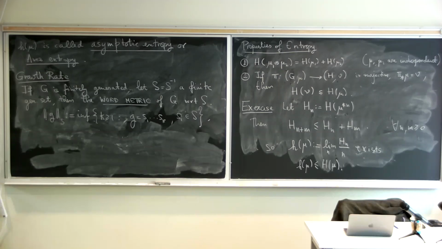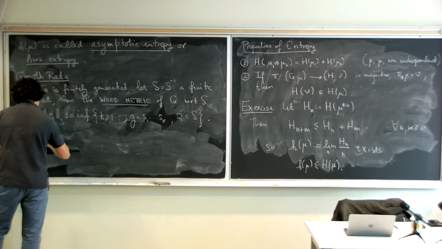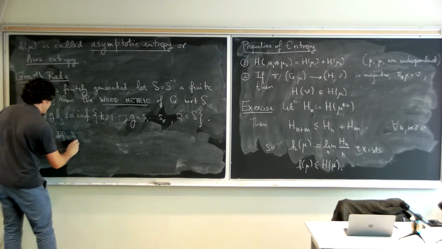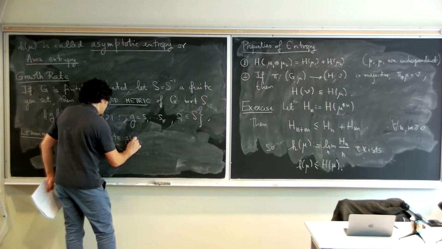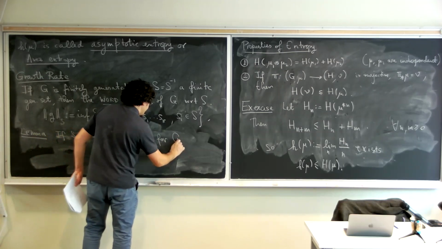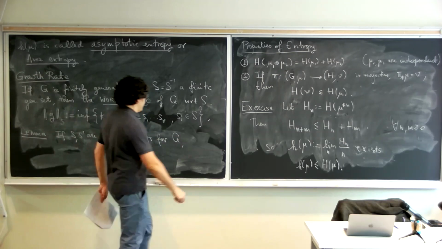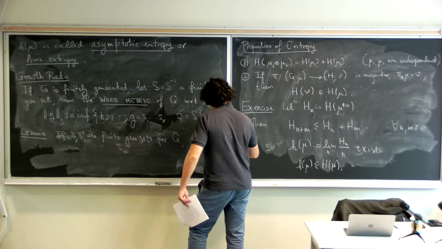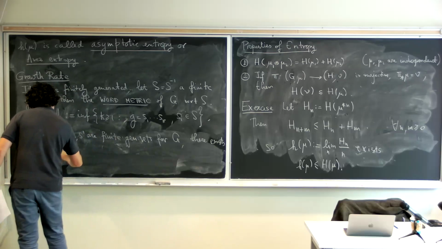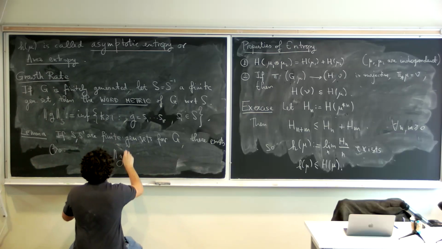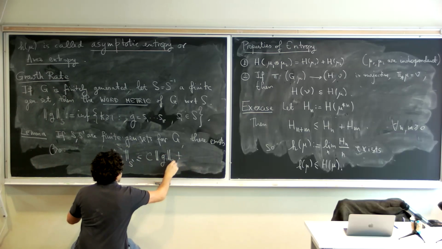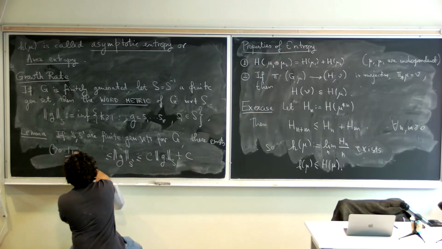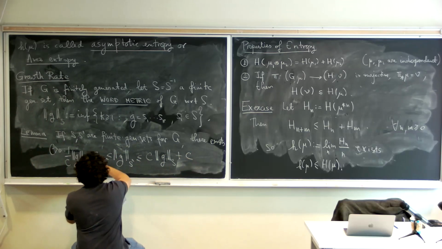However, it depends on S in a somewhat weak way, because the lemma is the following: if S and S prime are finite generating sets for the same group G, then there exists some C such that the norm of g with respect to S is smaller than C times the norm with respect to S prime plus C, and vice versa.